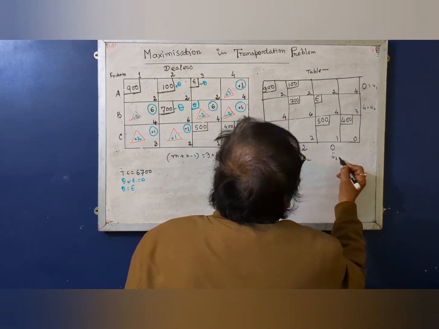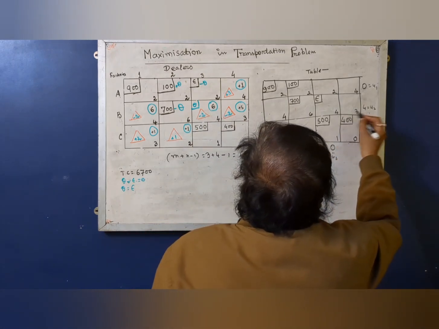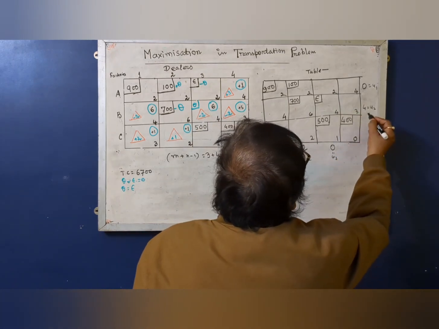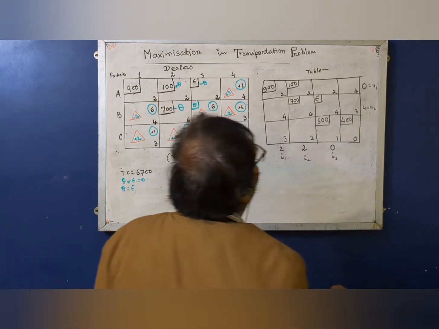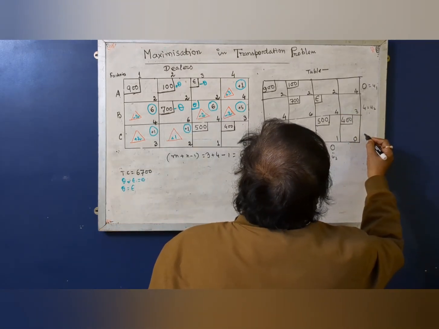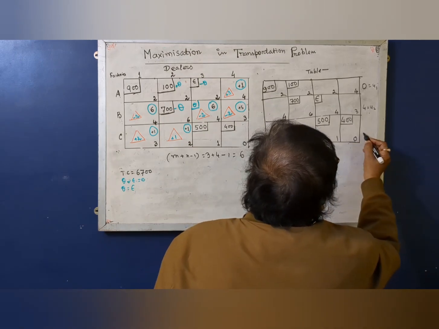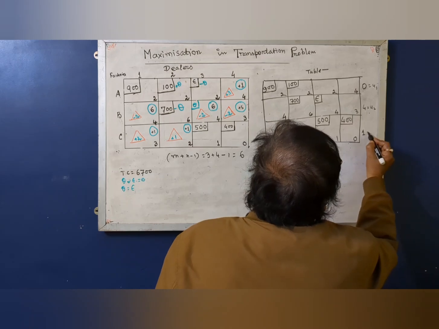It is V3. And again 4 minus 4 with the help of this, if you add 4 plus 0, you get 4. Now this is also a basic cell. You have to find out this and this also. So 1 minus 0 is 1. That is U3.